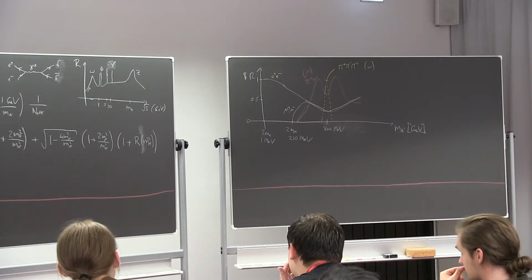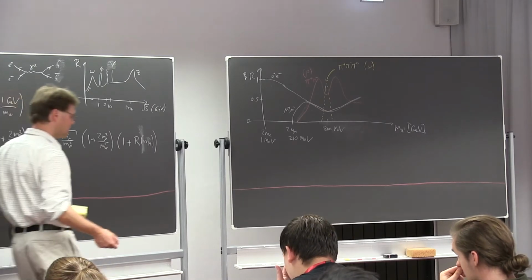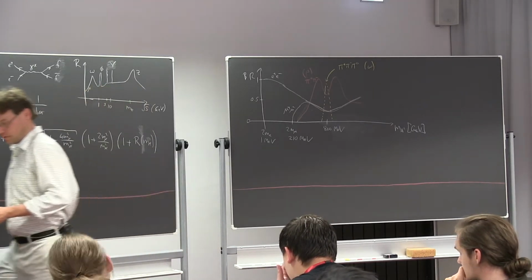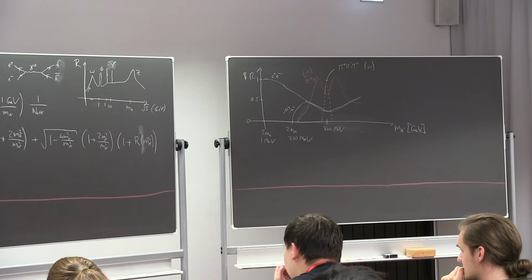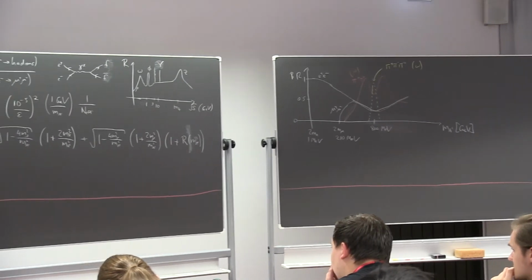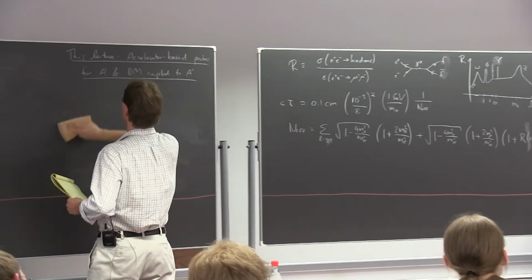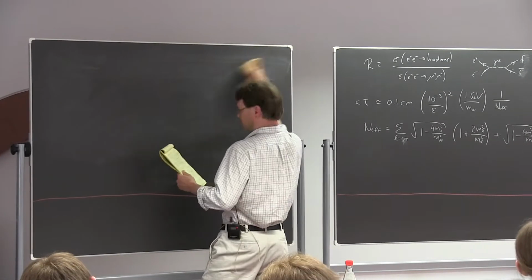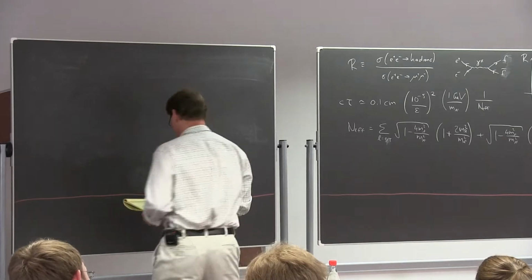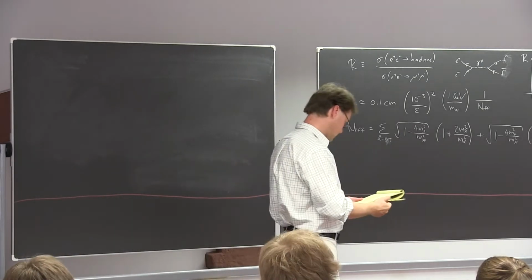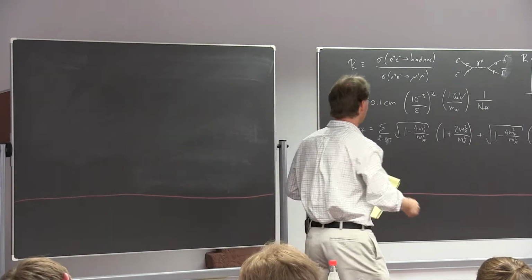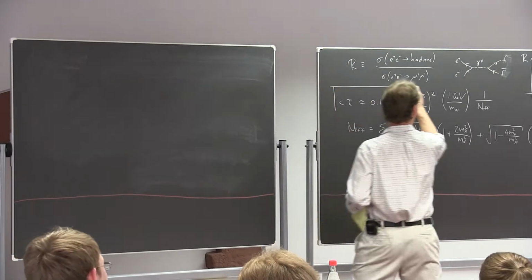Okay, so with this knowledge, we can now ask how can we produce this and how can we see it? There are many ways to produce it and many ways to potentially see it. One thing I want to point out is the c tau formula.